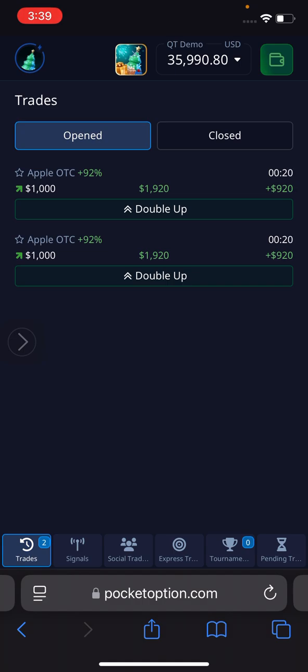Going back to rollover, the rollover is only available if you're not in profit at that time. So right now, as you see, these trades are in profit. The only option we have would be to double up.